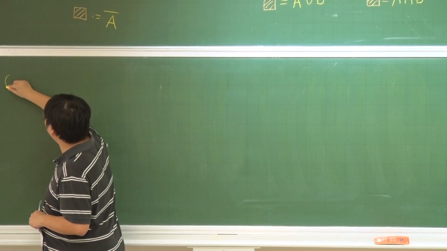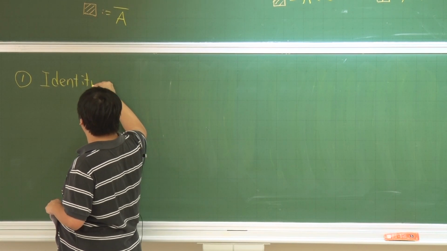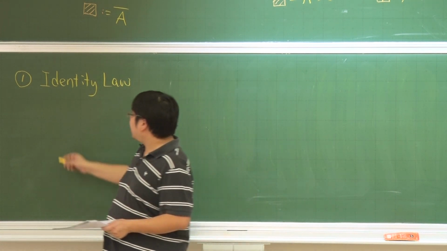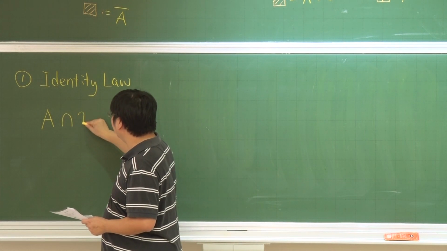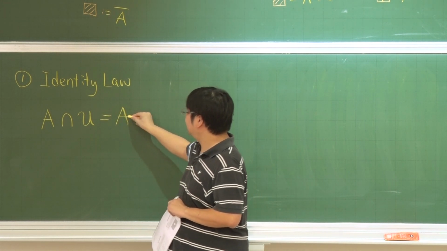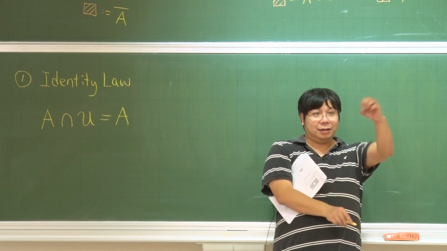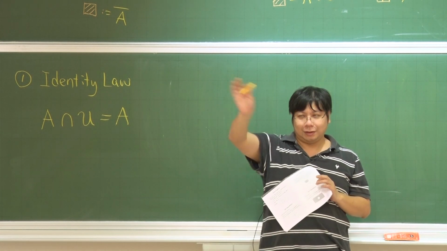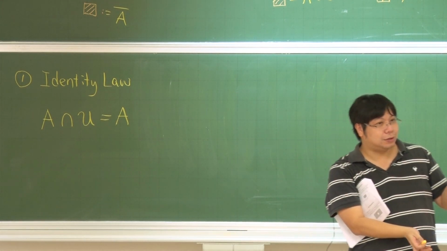The first one is called the identity law. It says that for any set A, if you intersect with the universe, it will always be equal to A. You have the universe colored in yellow, and A colored in red, and you want to find the intersection, the orange part.